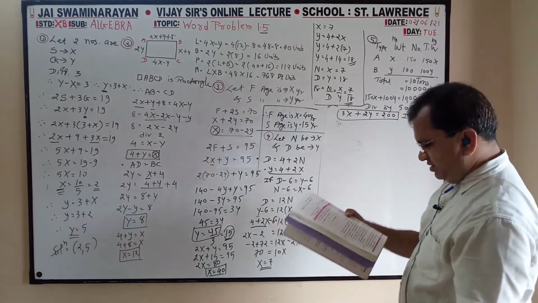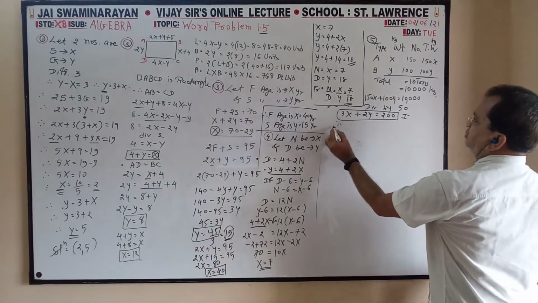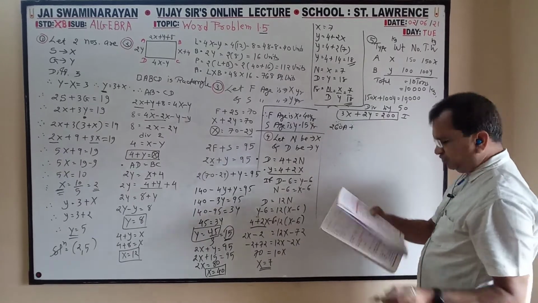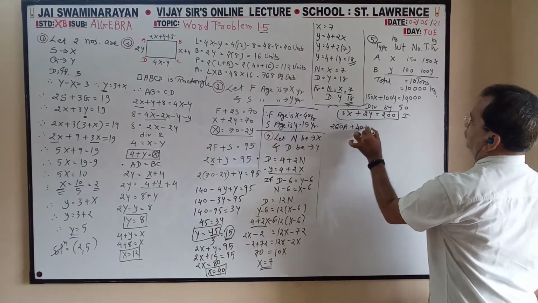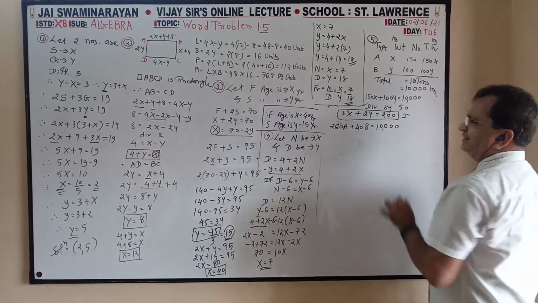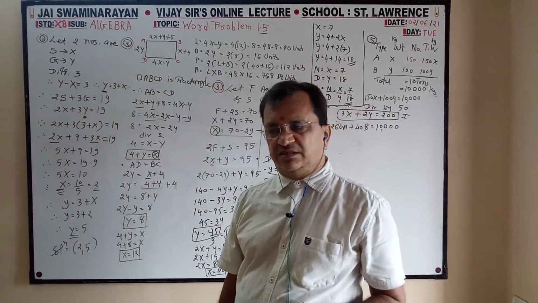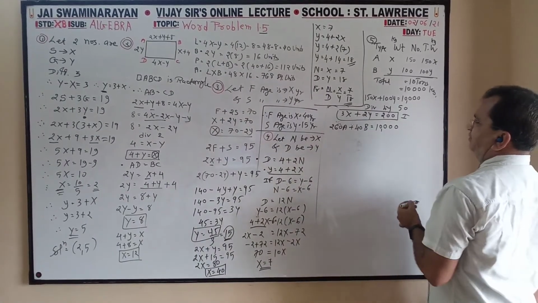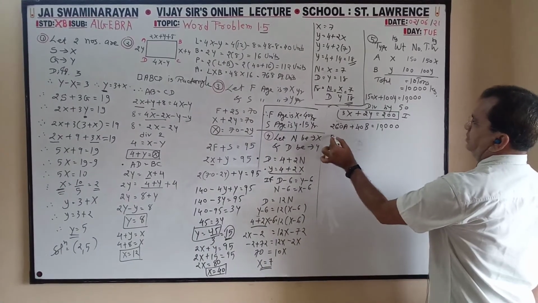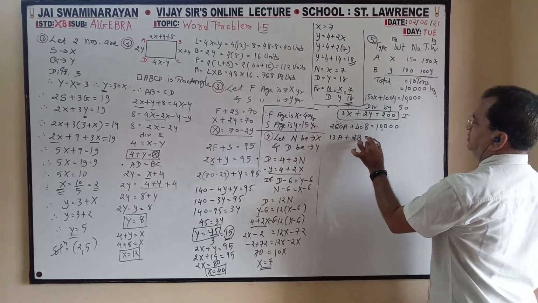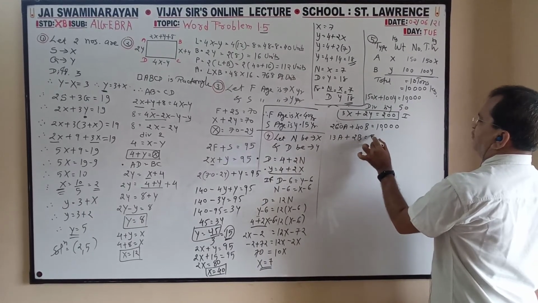Now next, A box is 260, 260 A boxes, B box 40 only, 40 B boxes, and again the weight is 10 ton, means 10,000 kg. Divided by 20, it is 13x plus 2y equals 500.